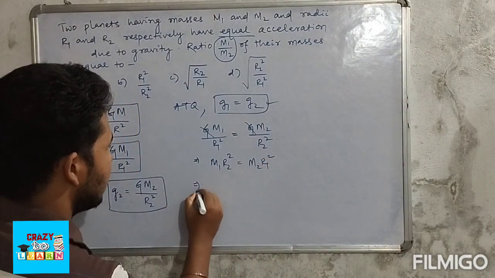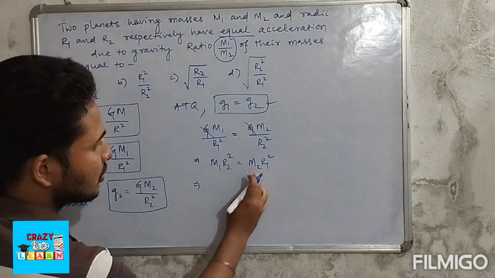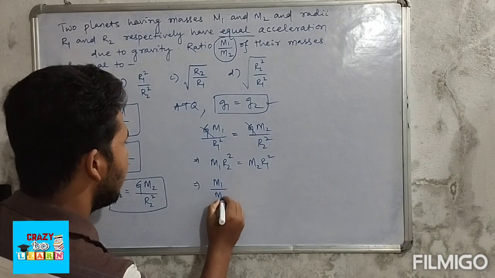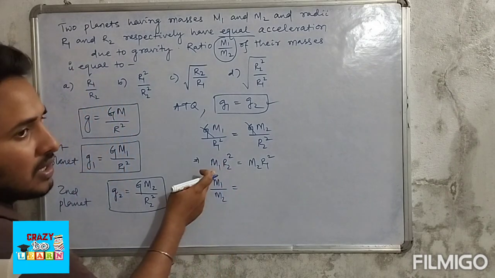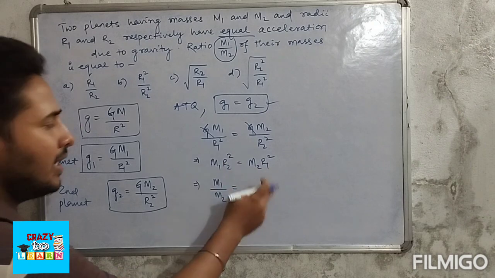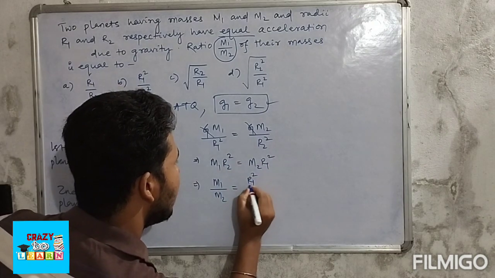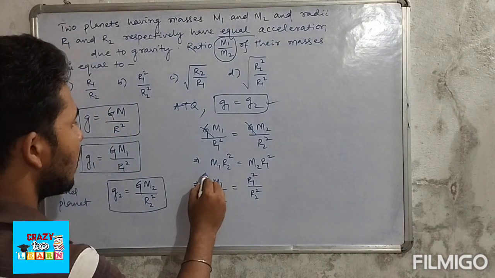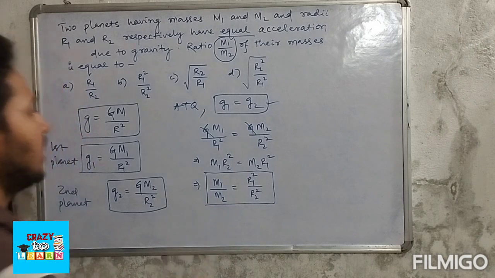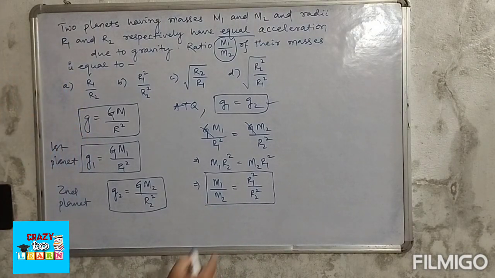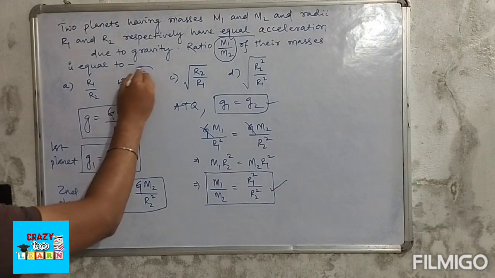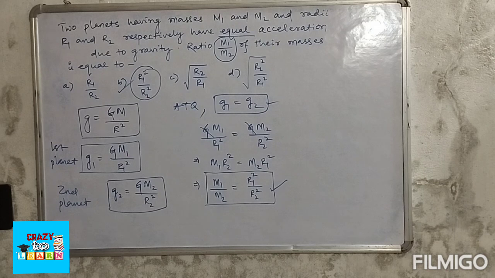Clear? Then m2 multiplied on the right, when taken to the left hand side, becomes division. So m1 divided by m2 is equal to r1 square divided by r2 square. So the ratio m1 by m2 is equal to r1 square divided by r2 square. Option B is the correct answer. Are you all clear?